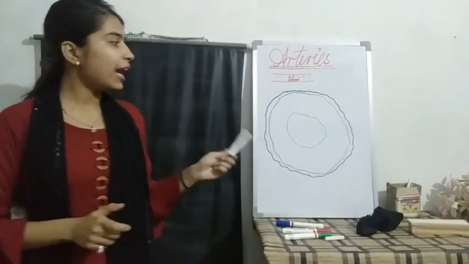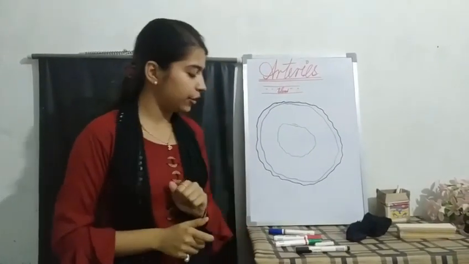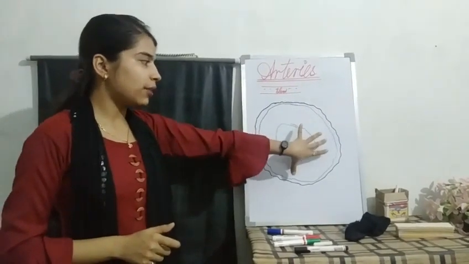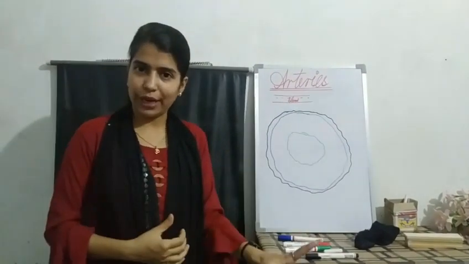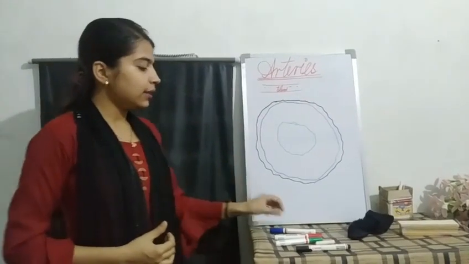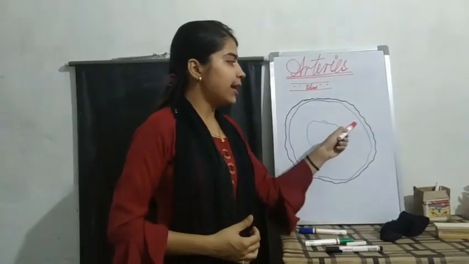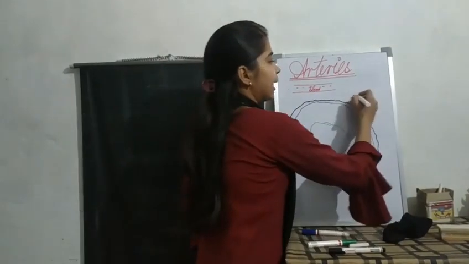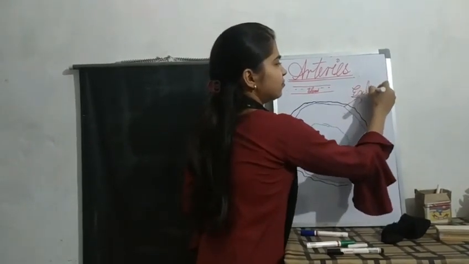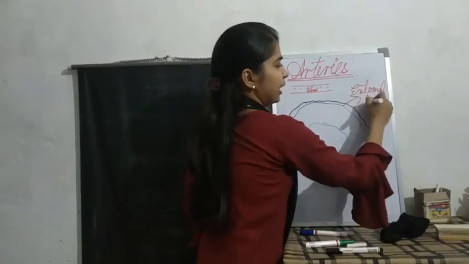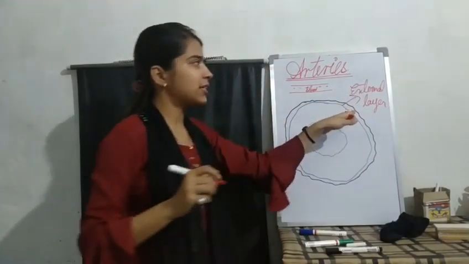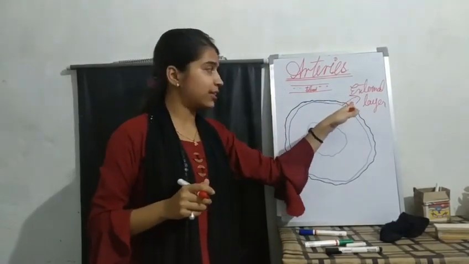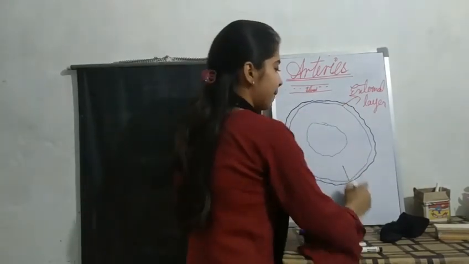So if I have to explain the structure of the artery, the structure is somewhat like the tube I have shown you right now. There are two layers in it and a middle cavity. This is your external layer, you can see. I won't name them right now, just understand that this is one external layer and it has a middle layer.